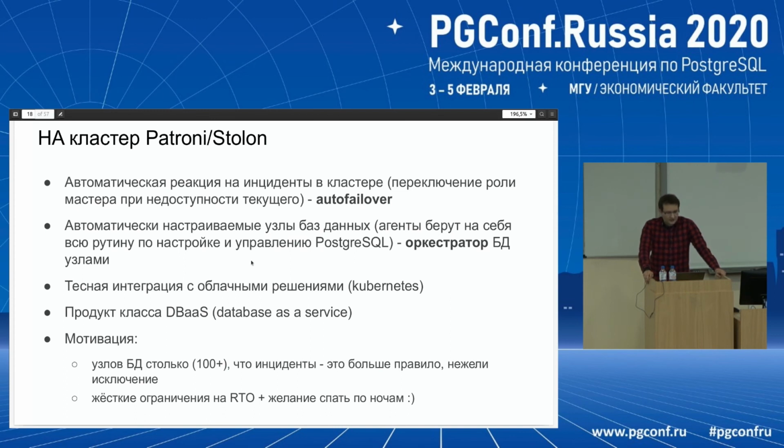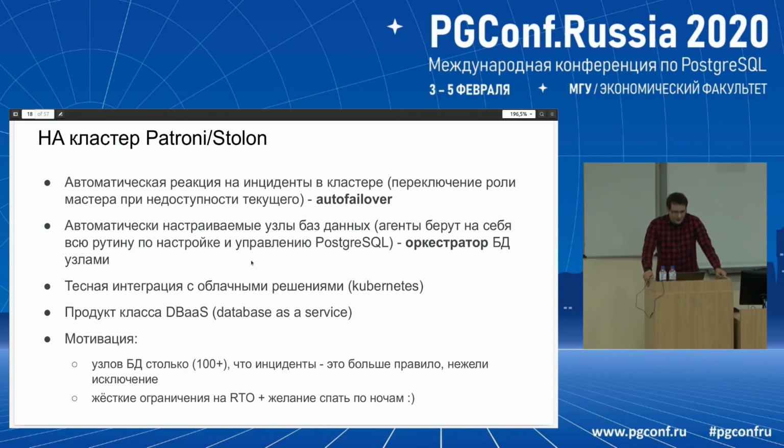So let's sum it up. What is a Patroni and Stolon cluster? It's an auto-failover. In a cluster, we must always have some active node, and it's also an orchestration tool for the database. It's important to know that they also represent a certain automation of the process around PostgreSQL. They are also integrated with some clouds, for example Kubernetes, and they also represent so-called database services.